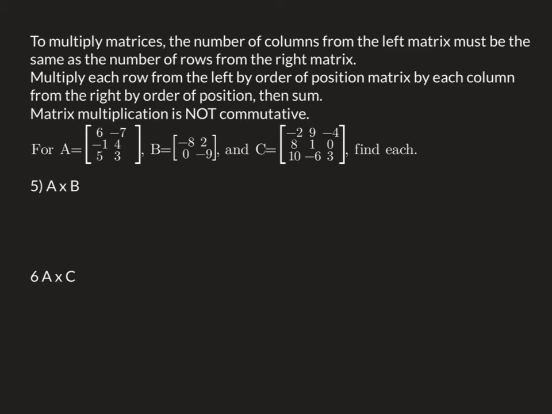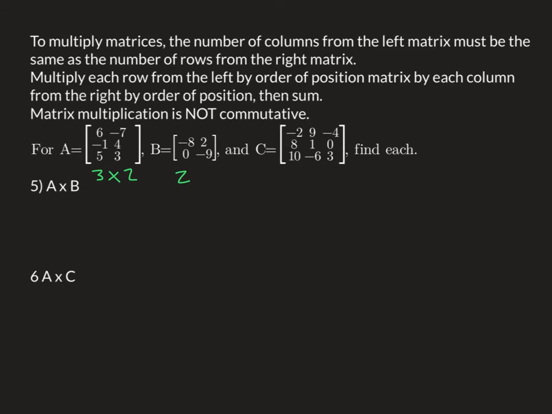Matrix multiplication is not commutative. That means you cannot switch the order in which the multiplication occurs. That is, you can't do A times B and get the same result as when you do B times A. Let's go ahead and do an example here. So in number 5, we're asked to do A times B. Matrix A is a 3 by 2 matrix.